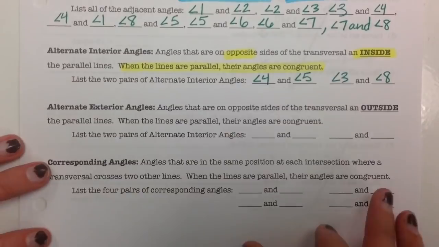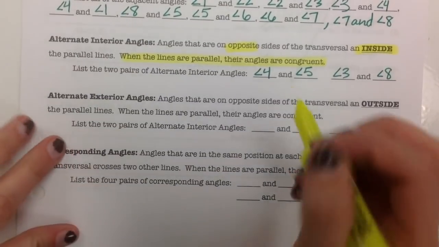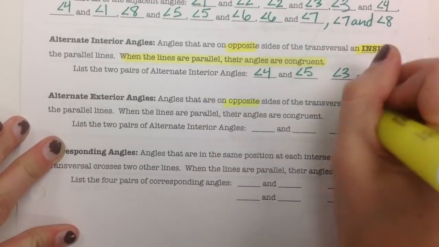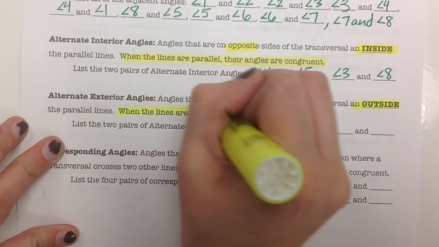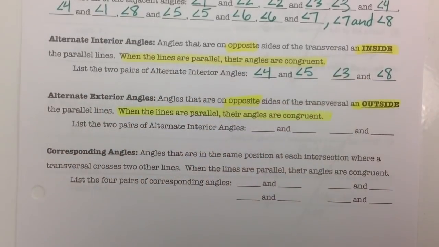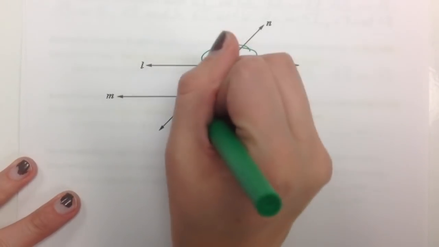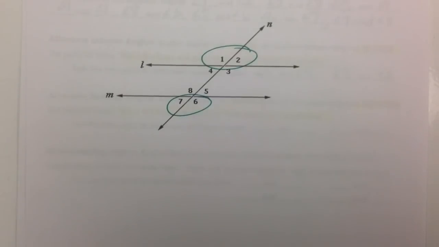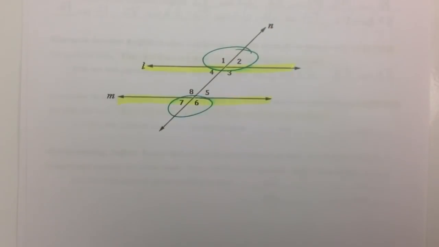Well, let's look at this other definition then. We've got alternate exterior angles, which if you guessed it is the same idea, but instead of on the inside, it's on the outside. So they're opposite sides on the outside. And again, if the lines are parallel, then those measures are going to be congruent to each other. So we're looking at those on the outside. We're looking at these two that are on the outside of our parallel lines.